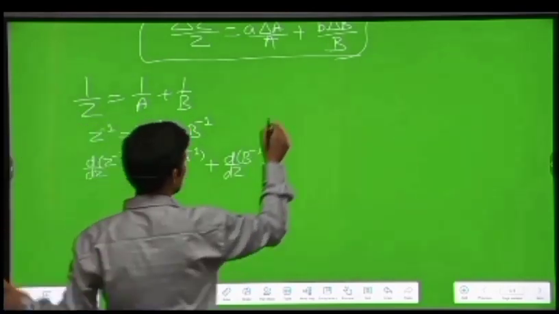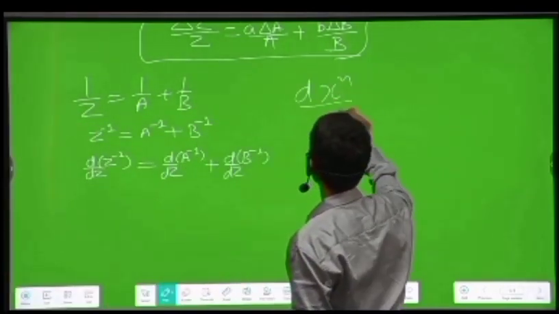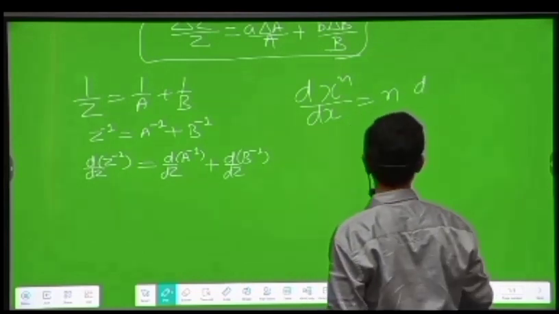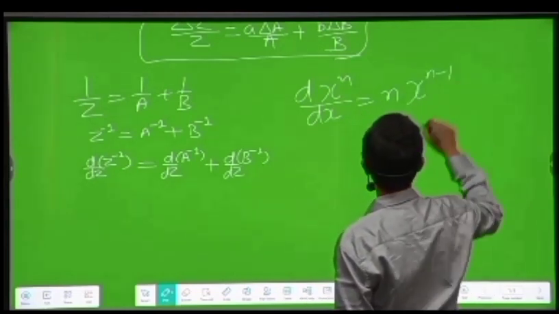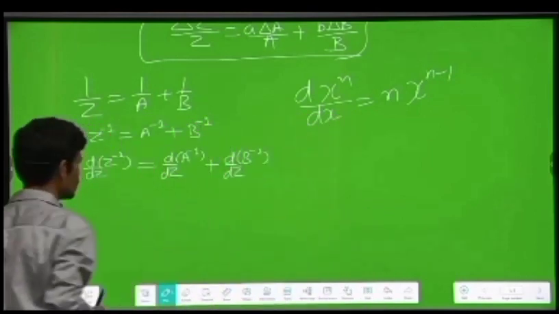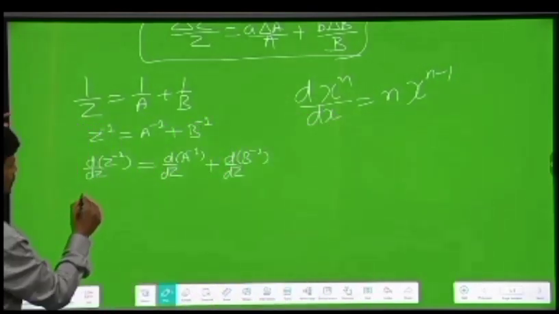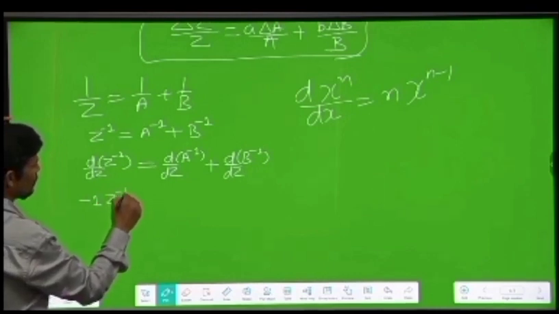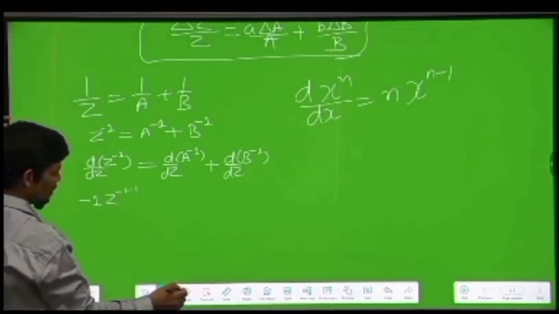And the formula was d x to the power n by dx is equal to n x to the power n minus 1. Okay, so here it will be minus 1 and then z to the power minus 1 minus 1. So that will be minus 2.